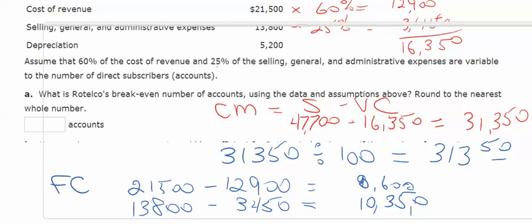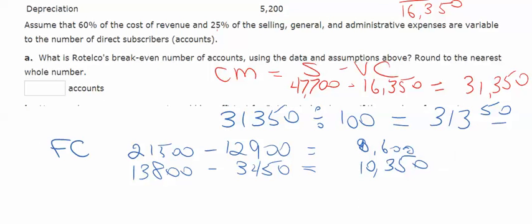And I must add to that my depreciation, which was $5,200. It's right here. So my total fixed costs then, adding these together, looks like $24,150. Please double check my math.